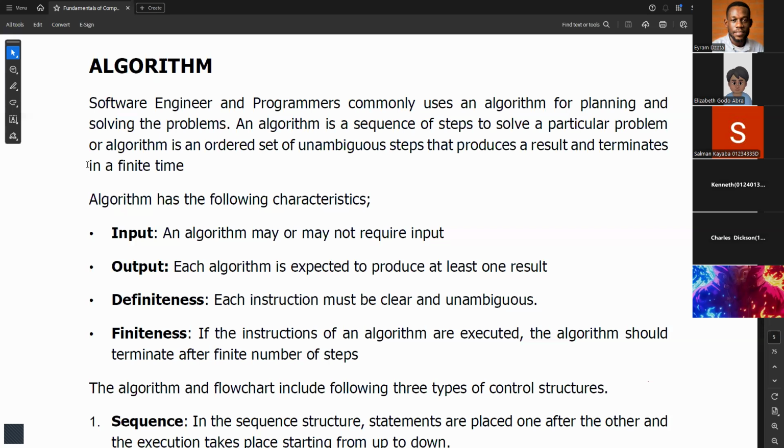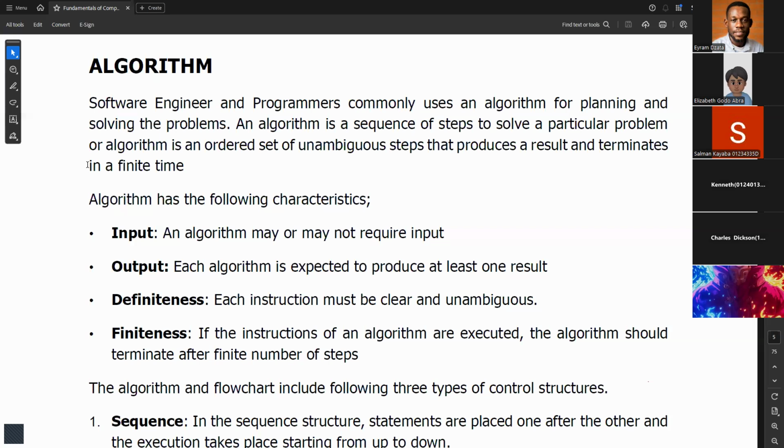All right, so what are some of the characteristics of an algorithm? First, an algorithm may or may not require an input. As we all know from basic ICT, every program takes inputs, processes the inputs, and then gives you an output.